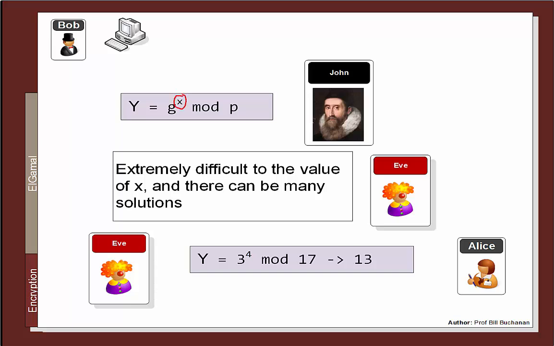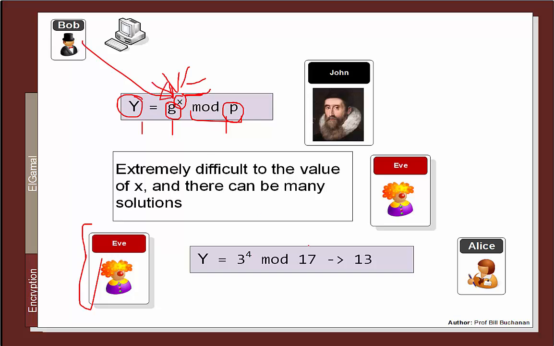The mod is a prime number here, and what happens is that there are many values that can be created, which if Eve knows about p and y and g, then there are so many values that are possible to actually create the same resulting three values that it's almost impossible for Eve to actually factorize and find out what the original value of x was that Bob selected as his random. So that's how the whole thing really works.